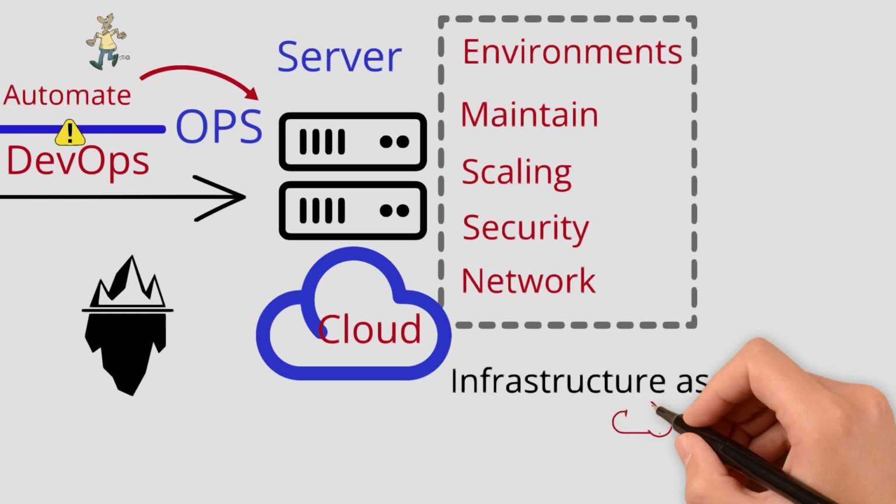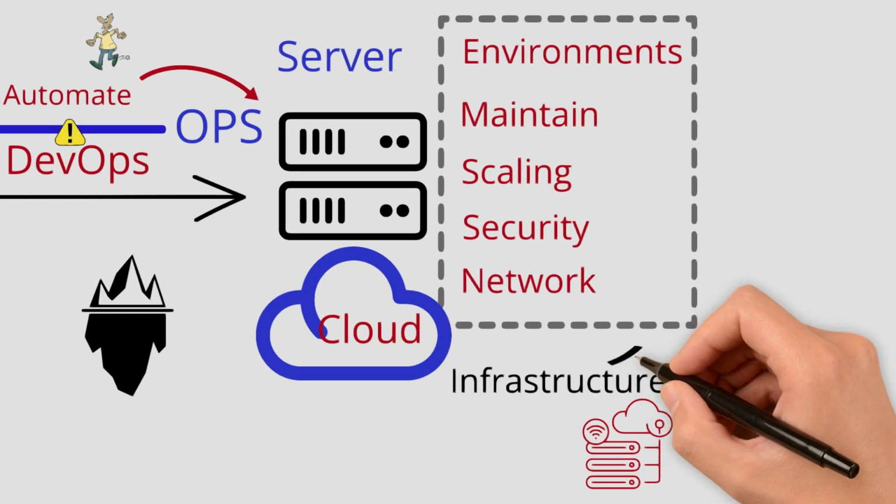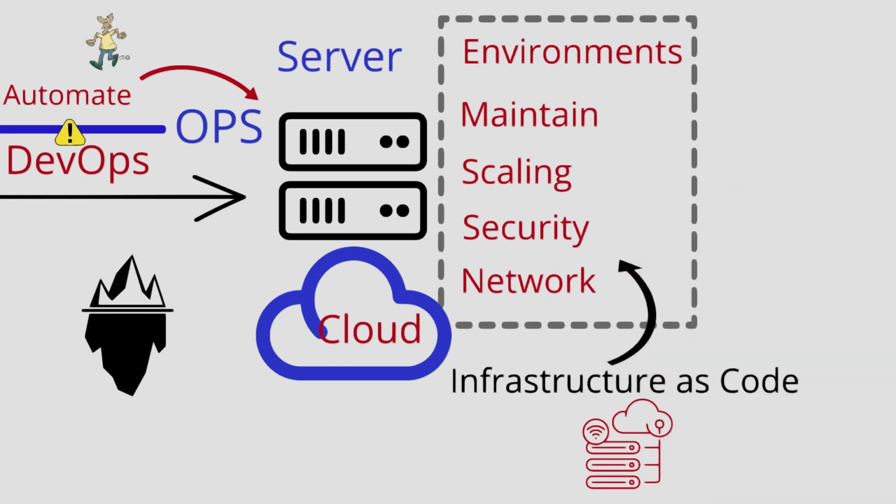That means that you are able to write code in a certain language to say, I want so many servers with this specific operating system, with so much memory, and I also want some networking routes and some security and a database with some configuration. So you can cover servers, networking, security, storage, and pretty much everything in terms of infrastructure. And you can write all this in code.